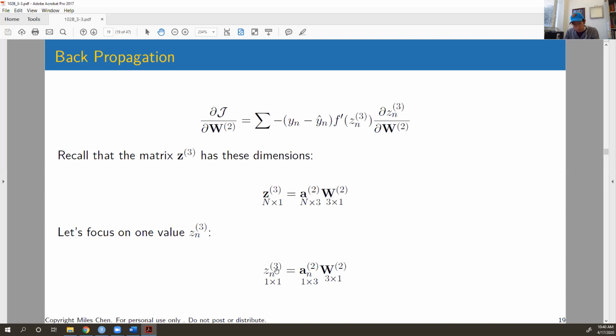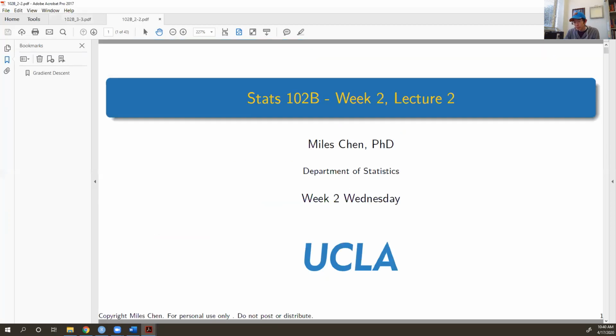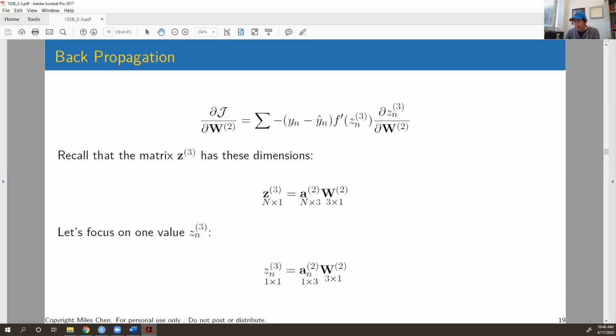We can ask, what is the gradient of z sub n, just this one value, with respect to the W2 matrix? So what do you guys say? Do you remember all the way back, lecture something in week 1 or week 2, we had rules about taking derivatives or gradients.